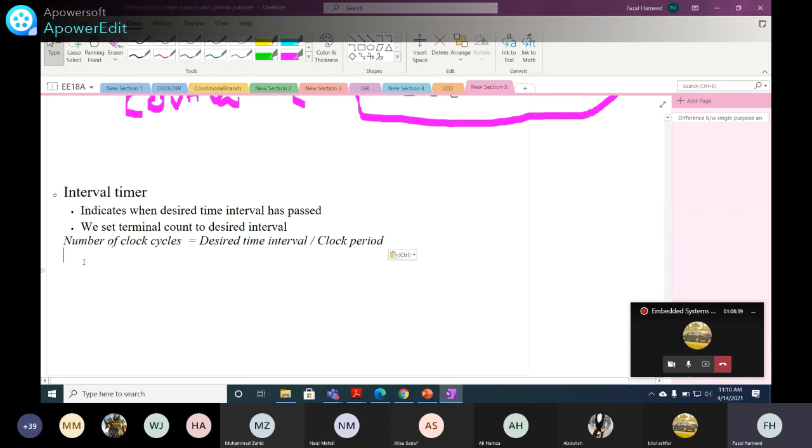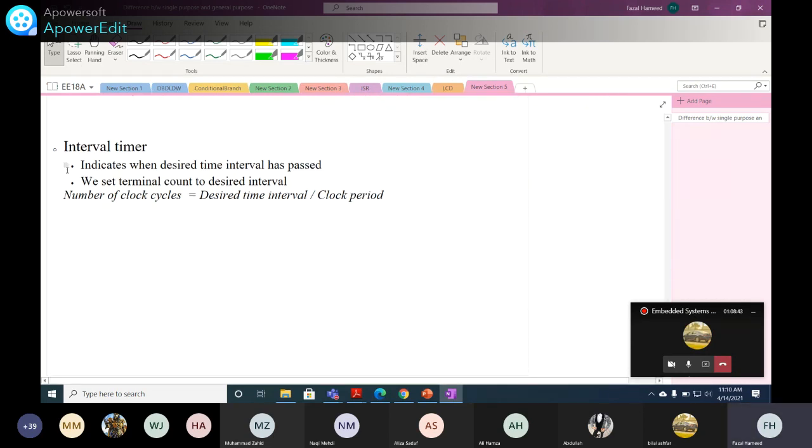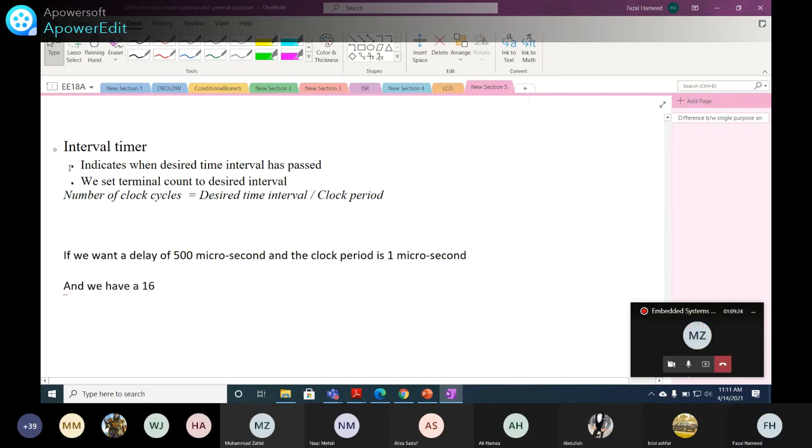Now let's assume we want a delay of 500 microseconds, and the clock period is 1 microsecond, and we have a 3-bit counter.